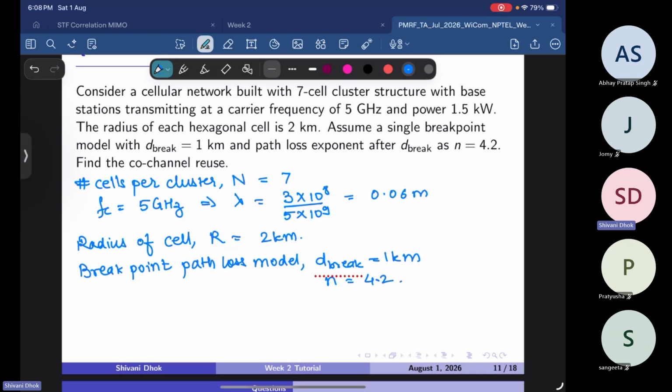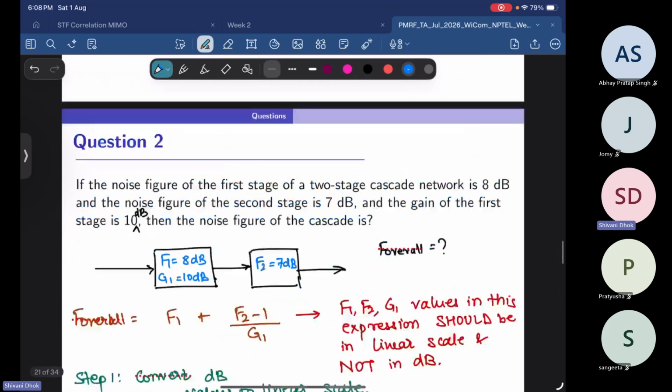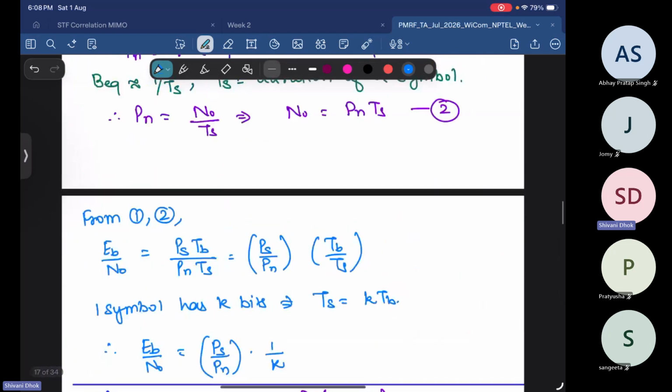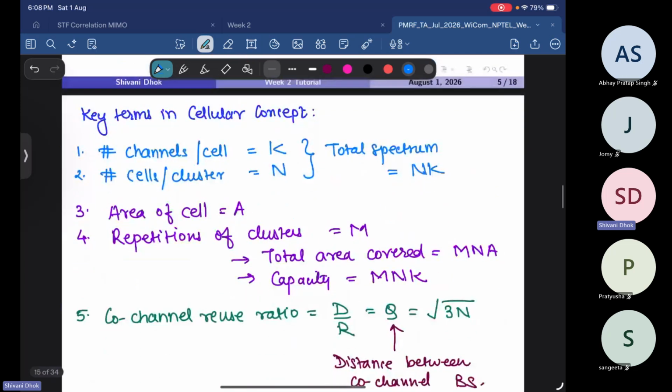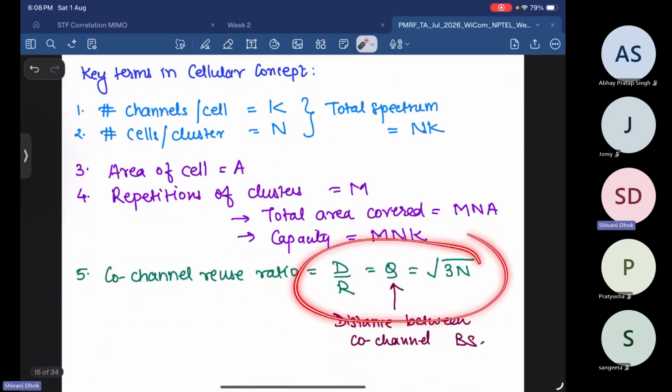Then the question that is asked to us is find the co-channel reuse ratio. So what is the co-channel reuse ratio? When we noted down the parameters or key terms in cellular concept, the co-channel reuse ratio Q is given by D by R, which is also equal to under root 3N.